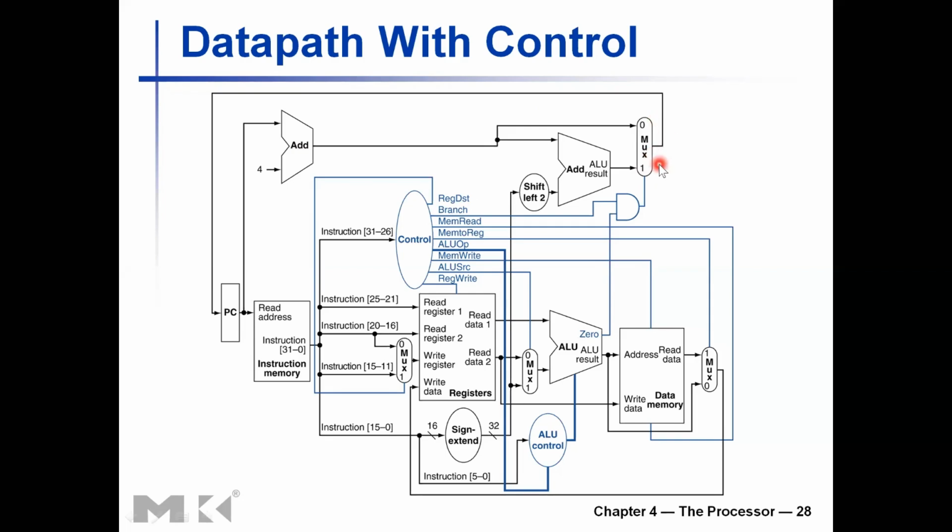If not, the branch instruction will take the immediate operand given in the branch instruction, sign extend it to 32 bits and shift it to the left by 2 to convert it into a byte address, and add it to PC plus 4 and make the appropriate jump based on that. So yes, thank you. Very good.